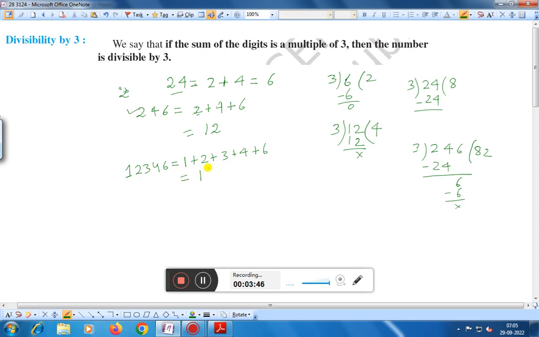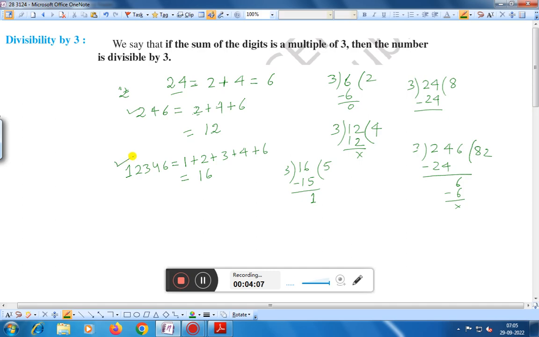That means it is 16. If we divide 16 by 3, 3 fives are 15, the remainder is 1. That means it is not divisible by 3. Therefore, 12346 is not divisible by 3.